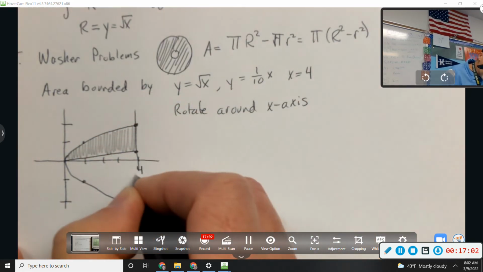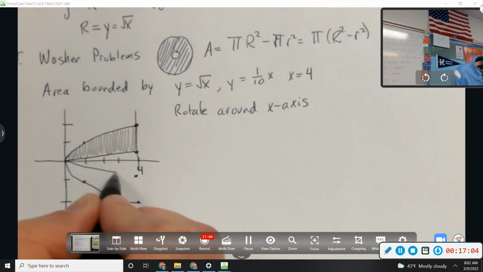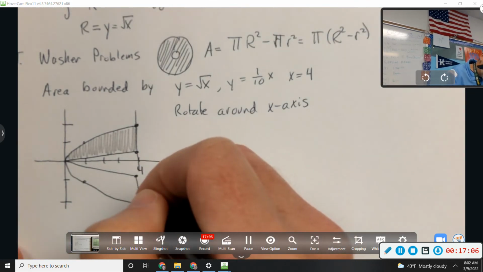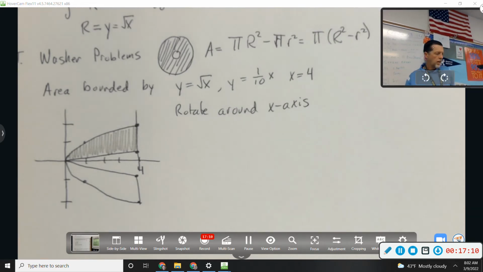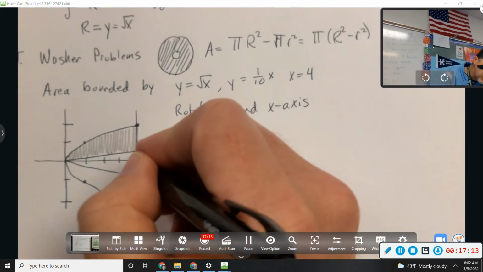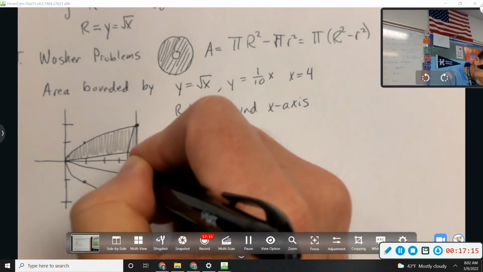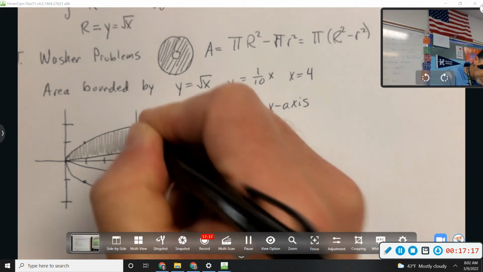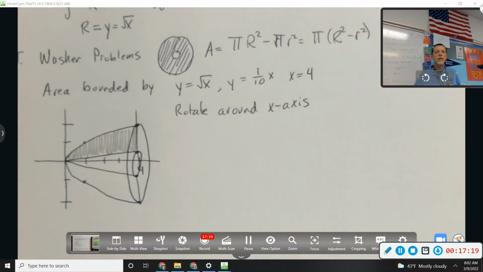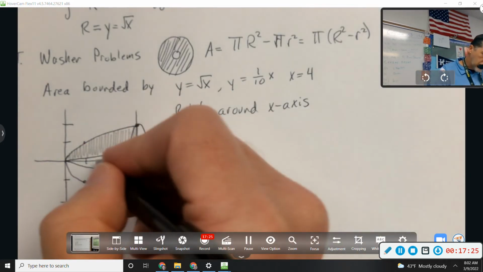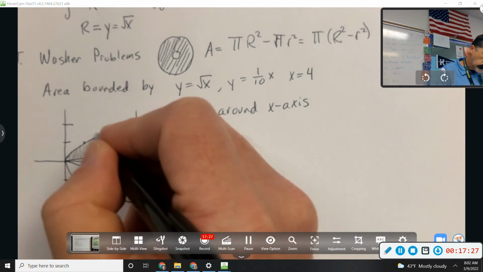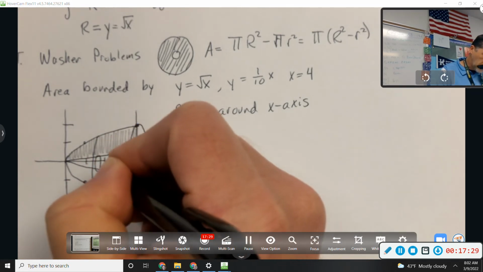So reflect the base area first. And then I'm going to draw circles, 3D circles at the ends. Can't really draw one at the left end because it reaches a point. And then somewhere in the middle, 2 circles there.